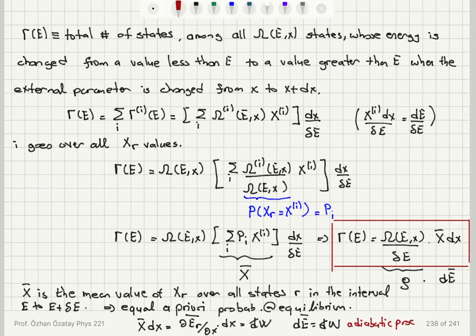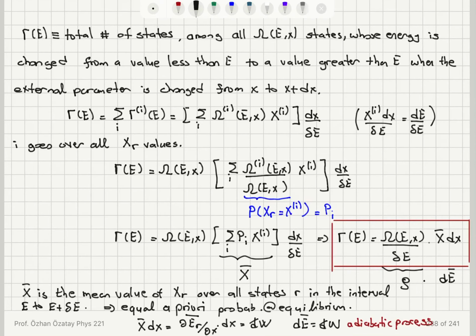So basically I'm assuming that the only thing changing in the system is this external parameter. There is no change in the energy of the system due to heat exchange. So x bar dx gives me dE bar for an adiabatic process.